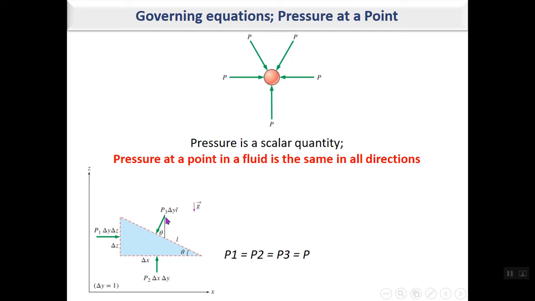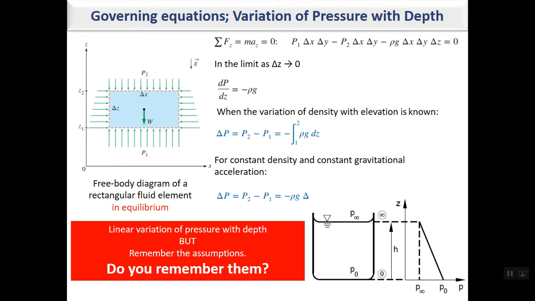So if you decrease the size of this element to an infinitesimal one where delta x, delta z reach 0, then at the limit you will get P1 equal P2 equal P3, and all of them can be shown by a single P. So pressure at a point in a fluid is the same in all directions. The next topic in pressure is the governing equations for the static fluid.